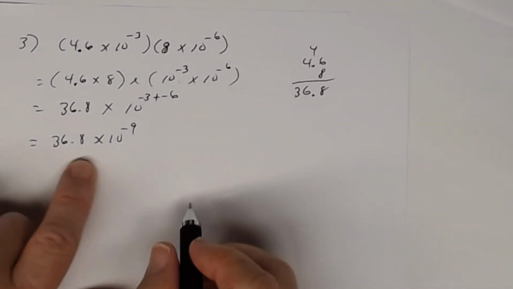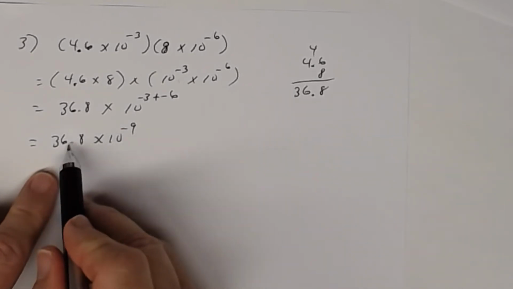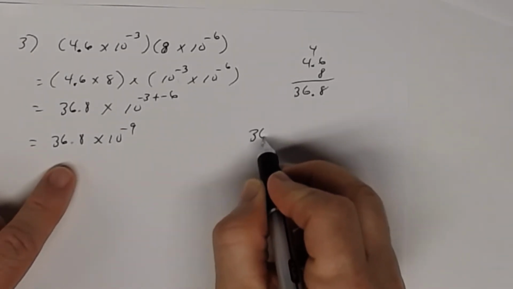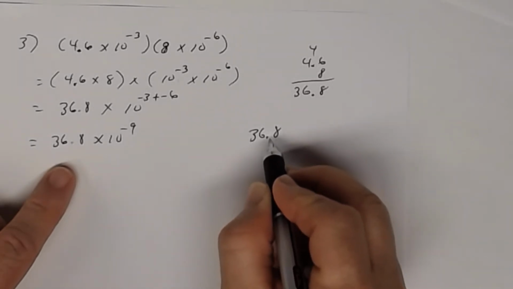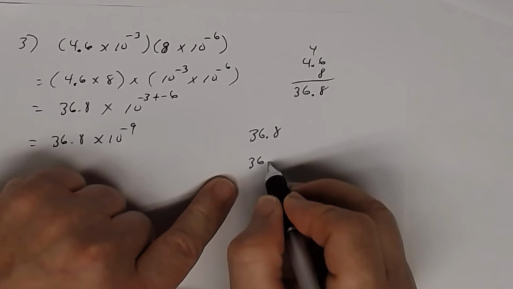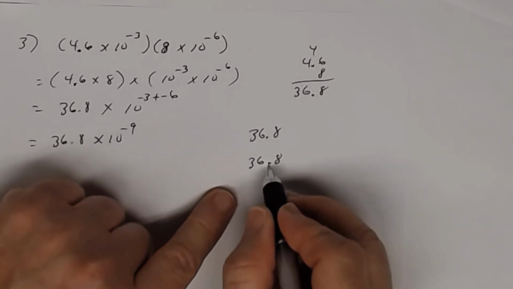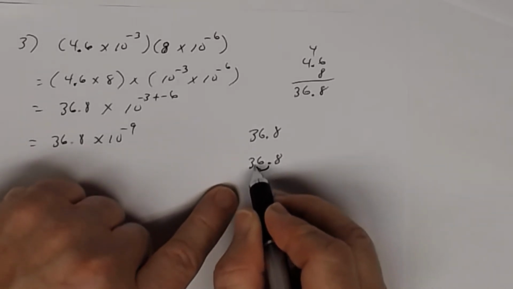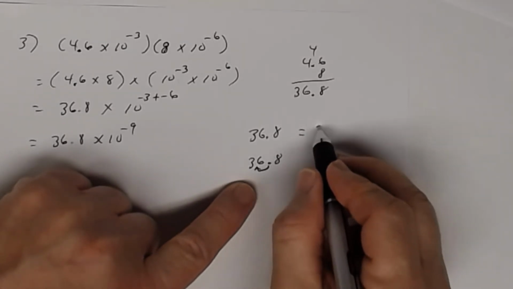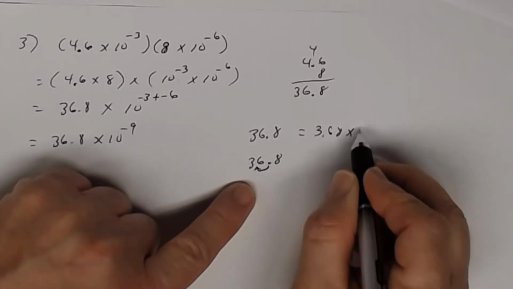But remember, this number is not in scientific notation because there are 2 digits in front of the decimal point. So I have to go to the side and think about what this equals in scientific notation. For 36.8, I'm going to take this decimal point and move it to the left until there's only 1 digit in front of it. So this becomes 3.68 times 10.